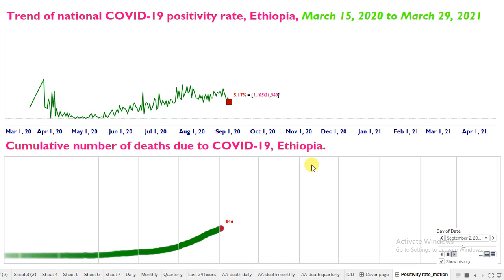And the number of deaths is now inclined in a steep direction, reaching 1,000 total deaths between September and October. Still, the positivity rate is below 10%.